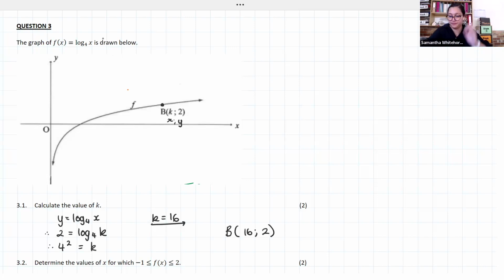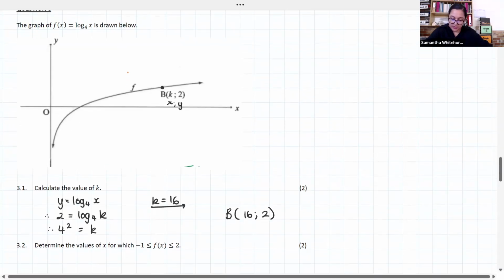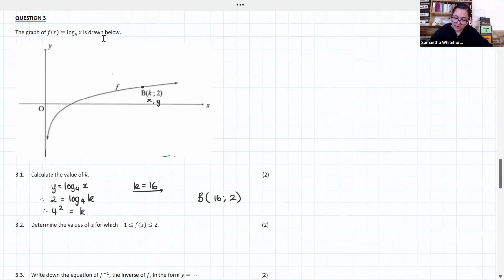So that's that. All right, 3.2 says determine the values of x for which f of x is greater than or equal to -1, but less than or equal to 2. Again, let's not panic. First things first, f of x is a fancy way of saying y. So we're looking for all the y values between -1 and 2.